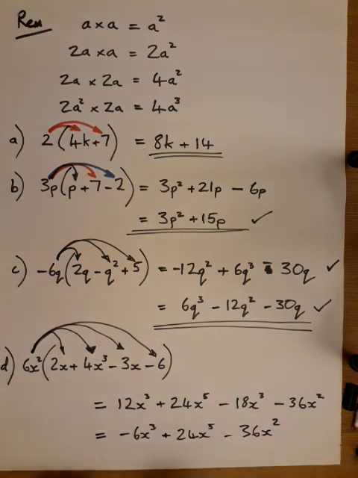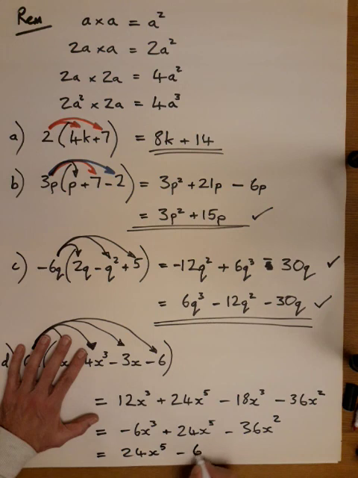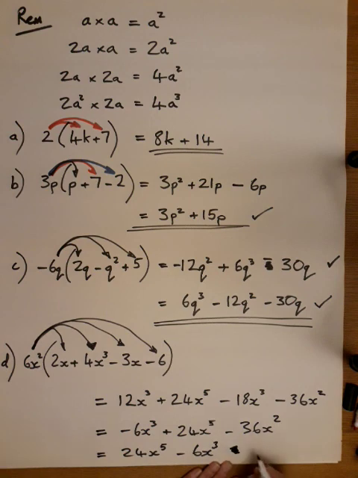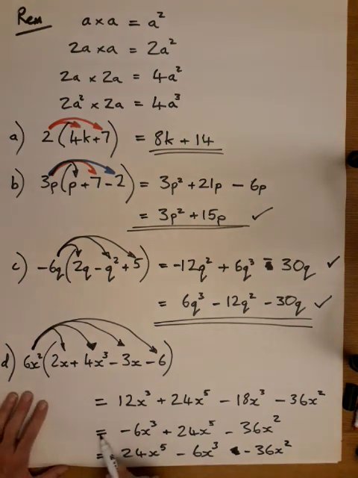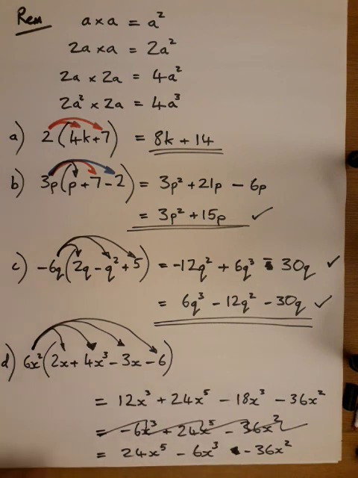So if my brain was working, that would have been 24x to the 5 minus 6x cubed, sorry, too late at night, minus 36x squared. So I shouldn't really have done this line. We should have gone from this line to here.